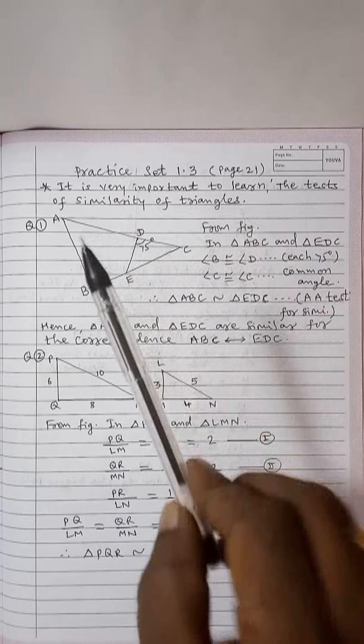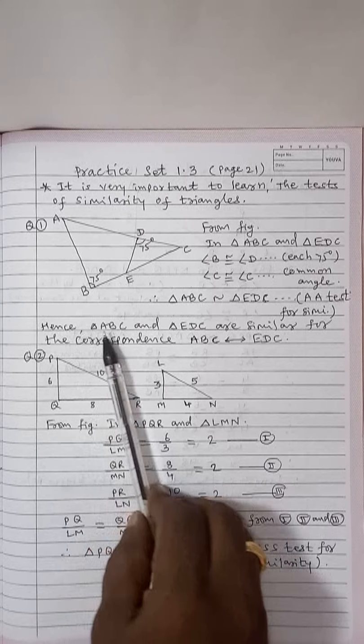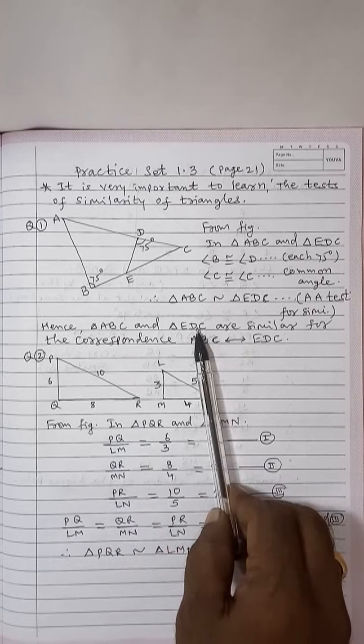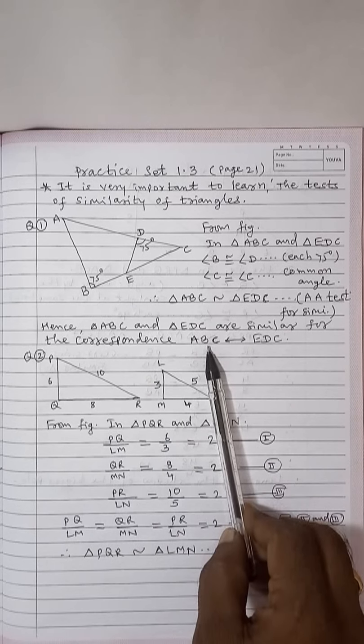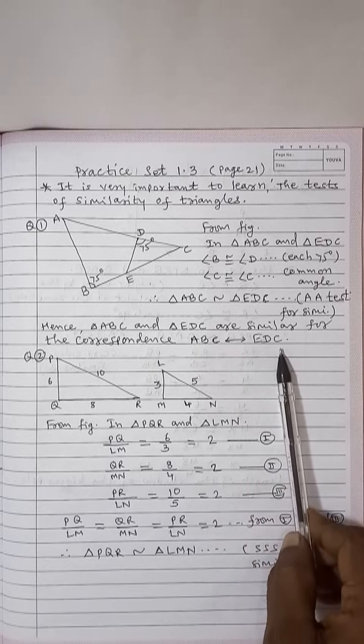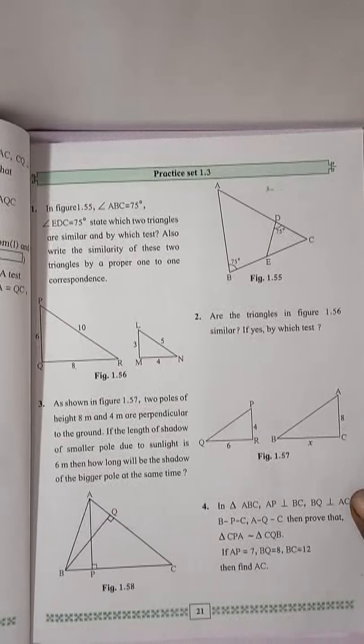So by the angle test, these two triangles are similar. Hence, triangle ABC and triangle EDC are similar for the correspondence ABC corresponds to EDC.